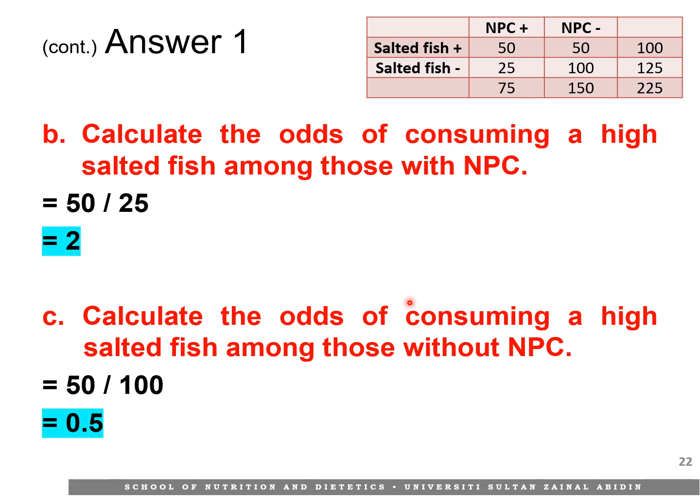So the odds of consuming a high salted fish among those with NPC is 2. The next question asks us to calculate the odds of consuming a high salted fish among those without NPC. This is 50 divided by 100, and the odds of consuming a high salted fish among those without NPC is 0.5.